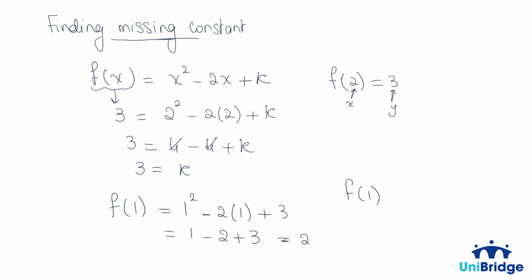So if you want to find the missing constant in a function, all you need to do is find another point that fits this function, and you plug in the coordinates of this point in the equation, right? So let's try another one.